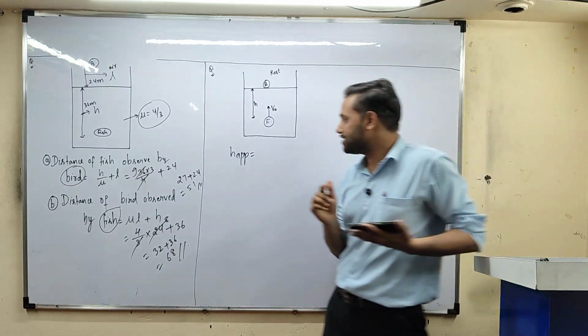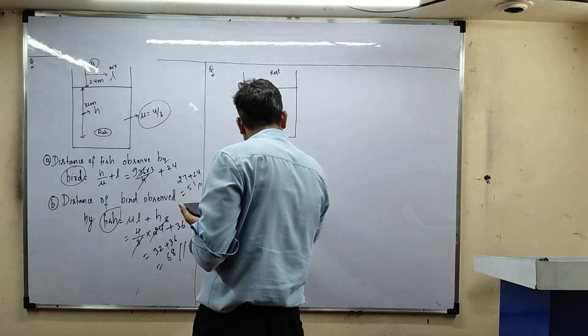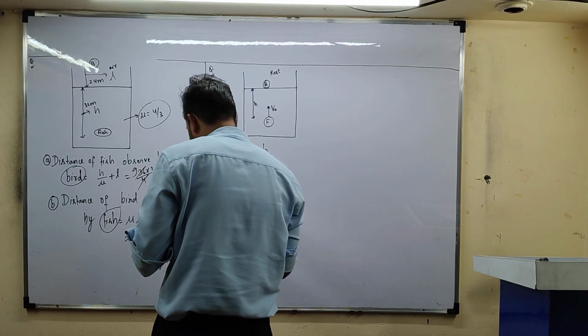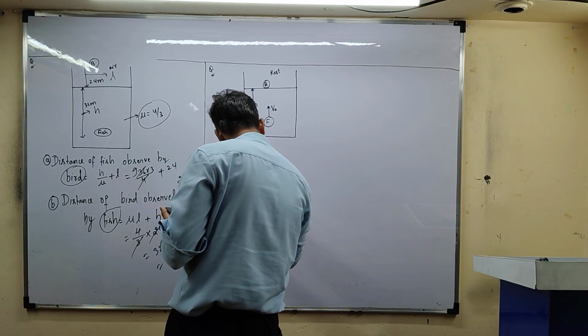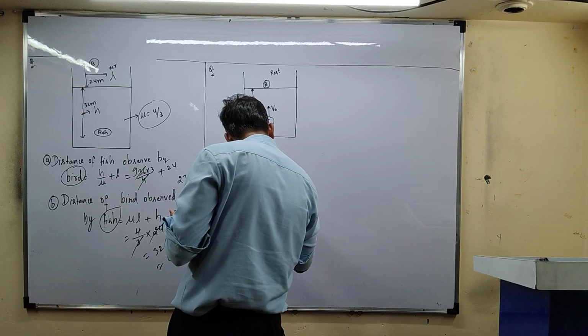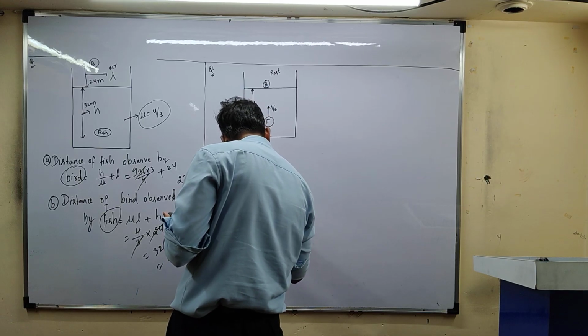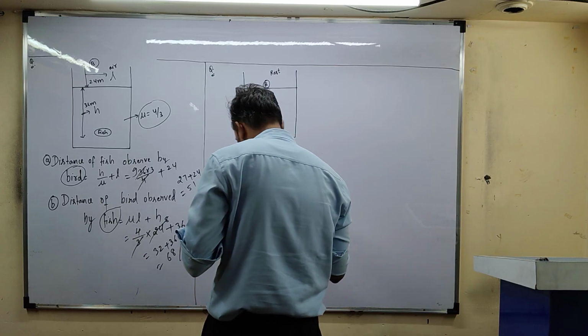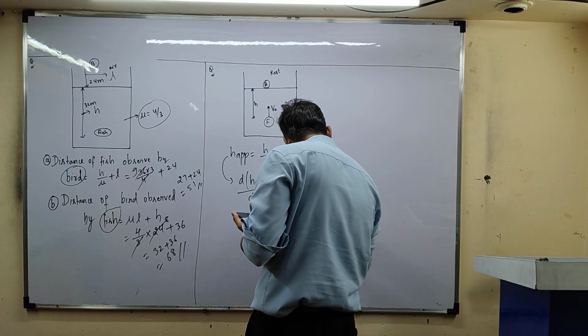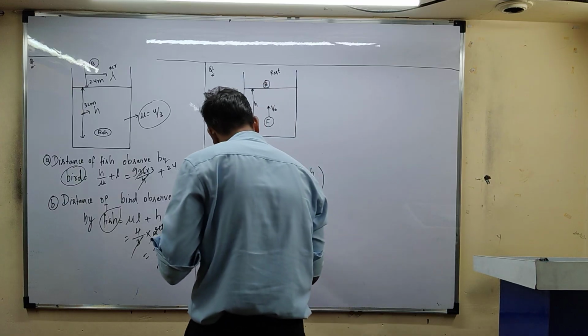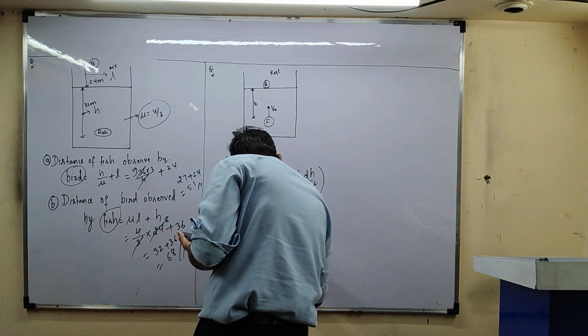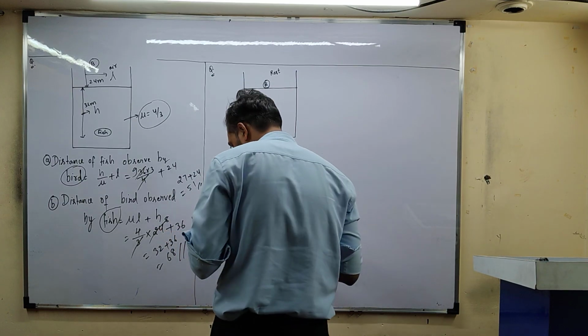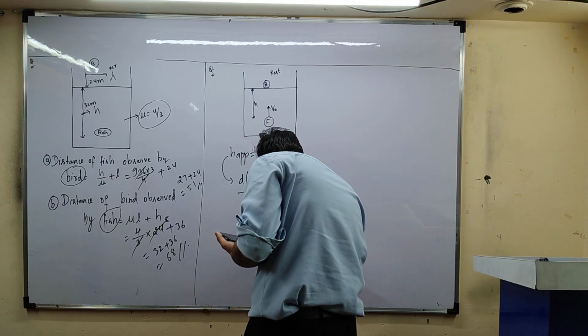Apparent h is h by mu. After differentiation we get dh apparent with respect to time, and 1 by mu dh by dt. After resolving that, you will get v apparent equal to v naught by mu.